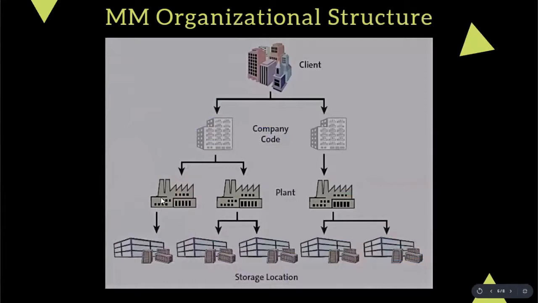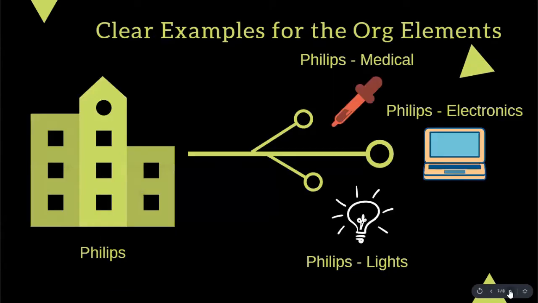And one or more plants can be assigned to a particular company code. A plant cannot be associated with two company codes. You can also see the storage locations are directly assigned to the plant. We'll see more in detail in the coming lectures.